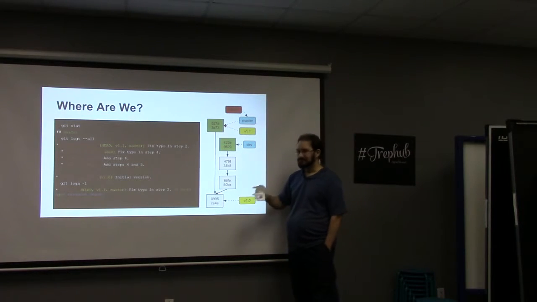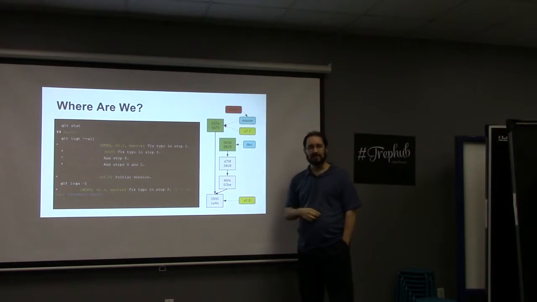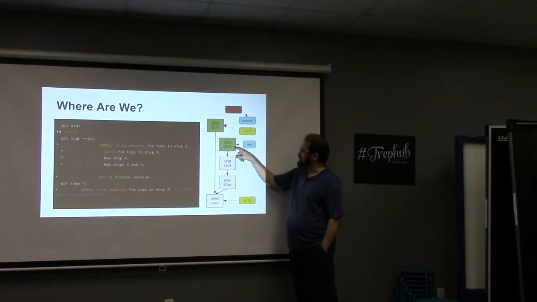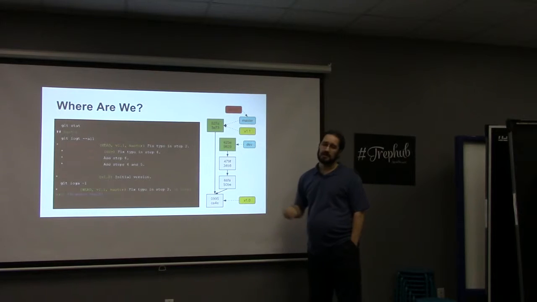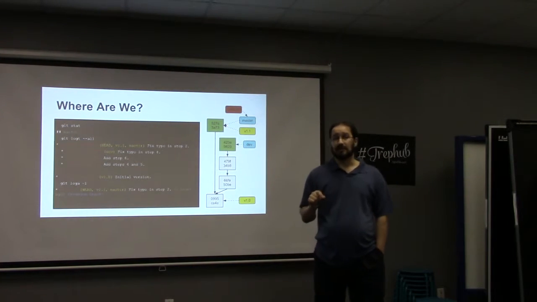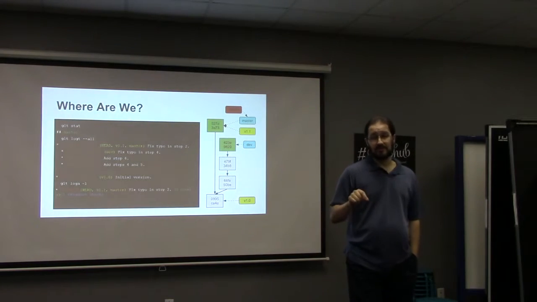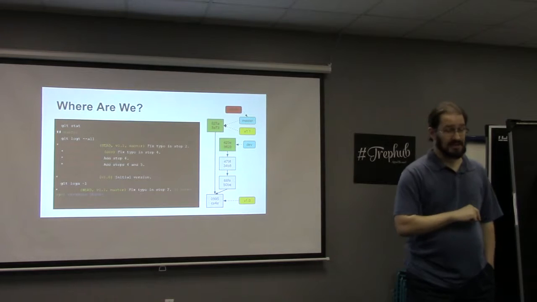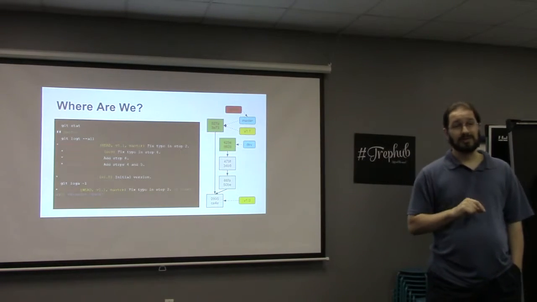But if you get every little bit of it right, if you just copy and paste these things, you should see exactly the same values for these tree IDs because you've got exactly the same content. And that's actually important because that's part of what allows you to do distributed development and push things back and forth with other developers and know that you've got the same content that they do, because those are globally unique values.